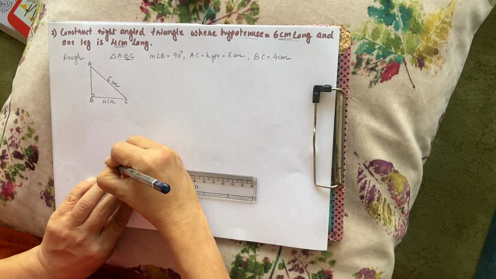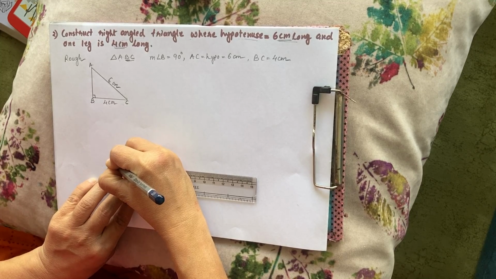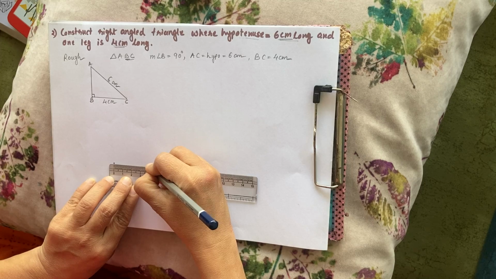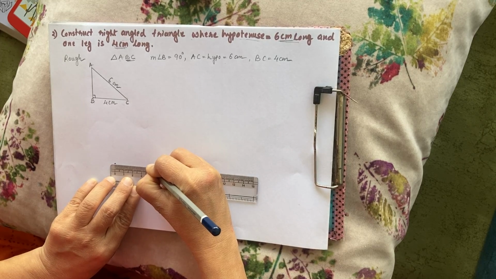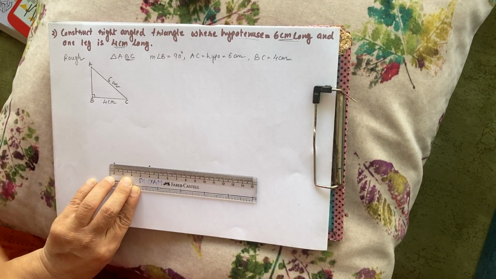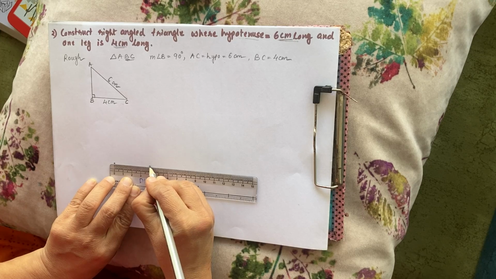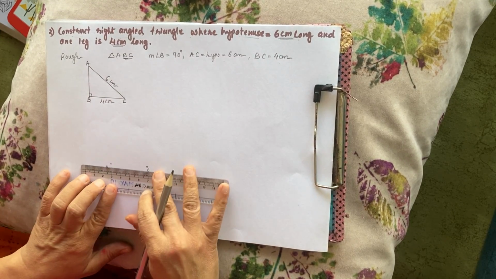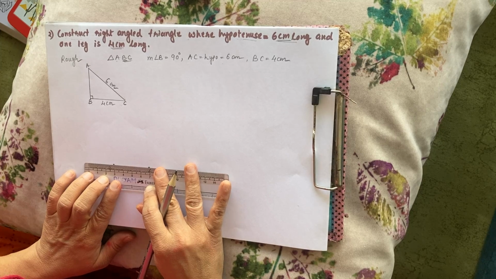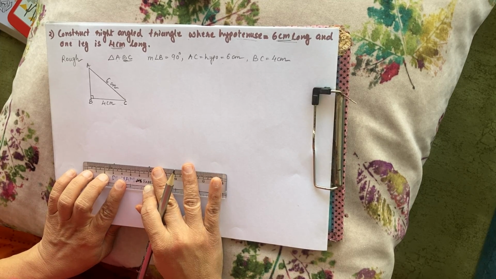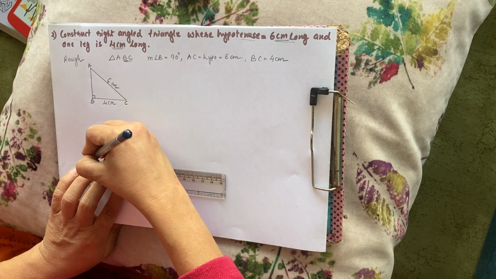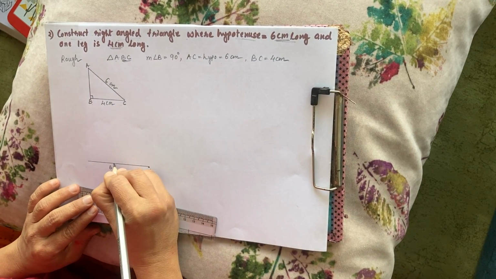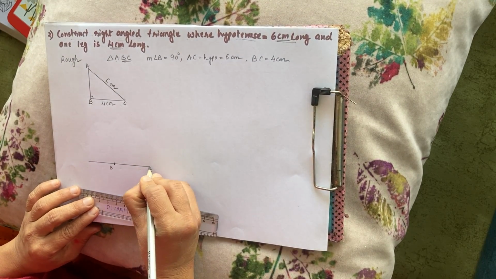First we have to draw a 4 centimeter line segment, but make sure you extend the line segment towards the left hand side more. So, this B and C is given to you, and extend this line segment a little bit so that you can construct a 90 degree angle.